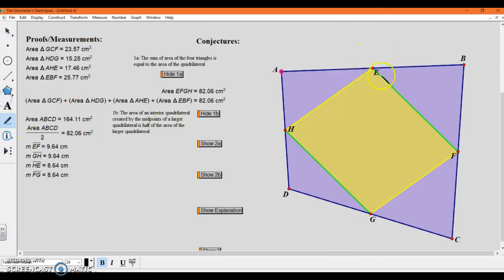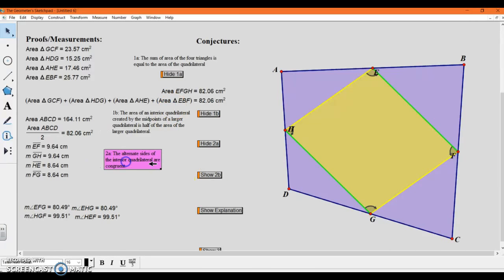This got me asking questions about the angles of this quadrilateral. So I'm going to measure the interior angles as well. I can select all four at the same time and show that I have two sets of congruent opposite interior angles.